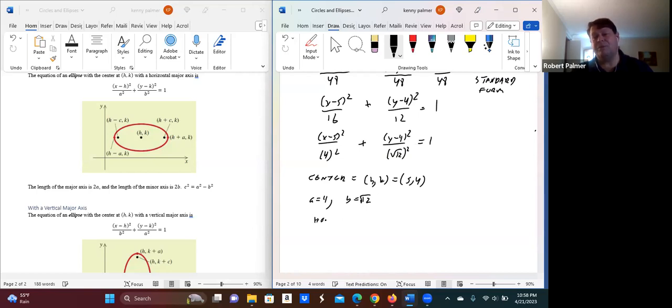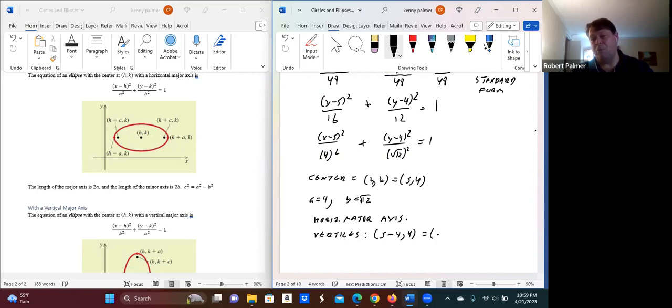Now, this time we have a horizontal major axis. So our vertices, we have 2 vertices. One vertex is going to be H minus A and K. So H is 5 minus A, which is 4, and K, which is 4.